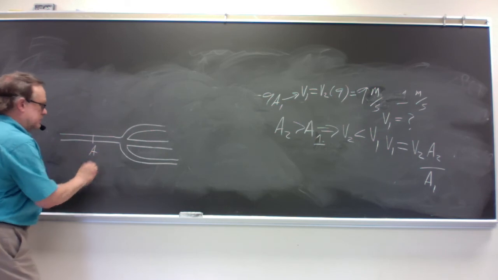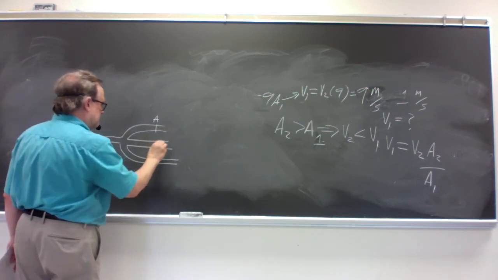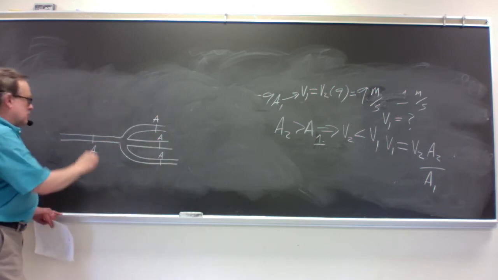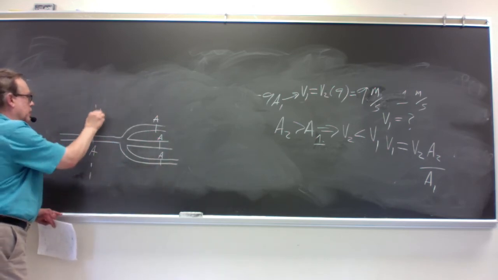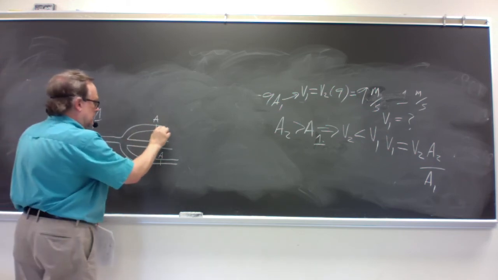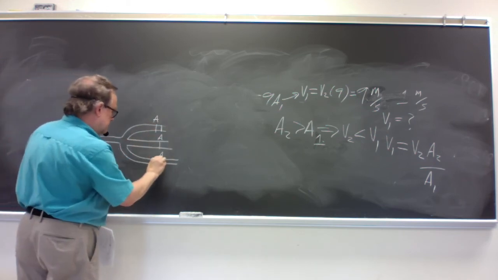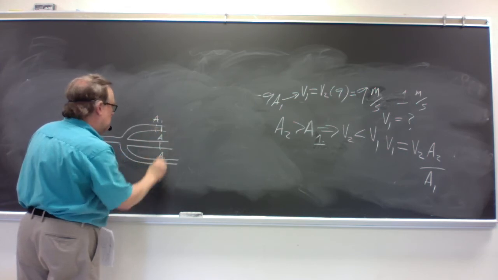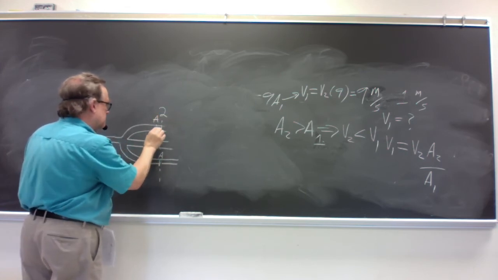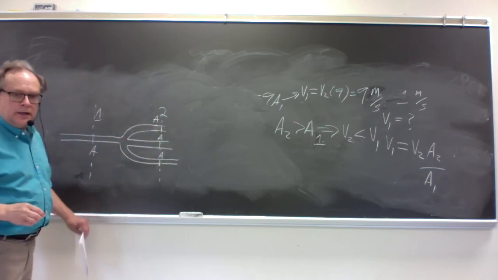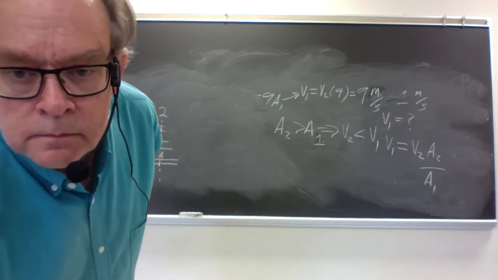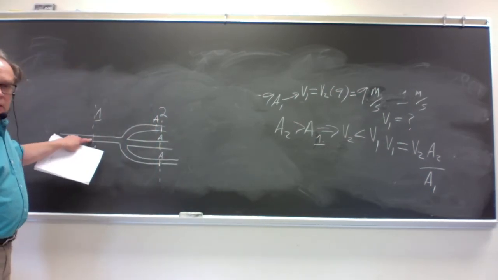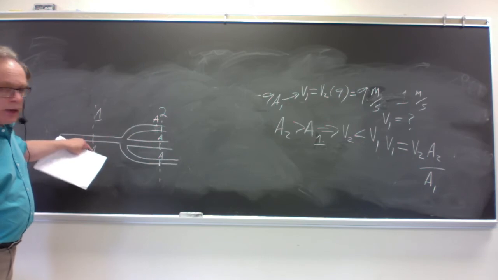Cross-sectional area here is same as this, same as this, same as this. So if we call this point 1, and we call this point 2, then here at this point, water is flowing through some area.